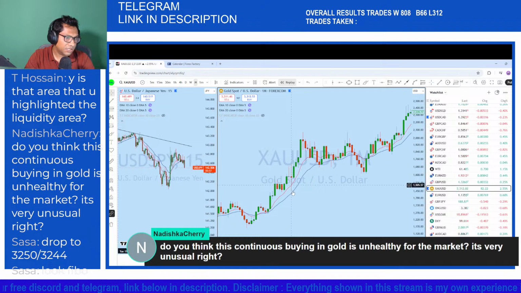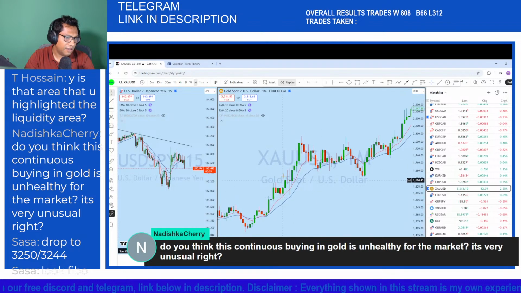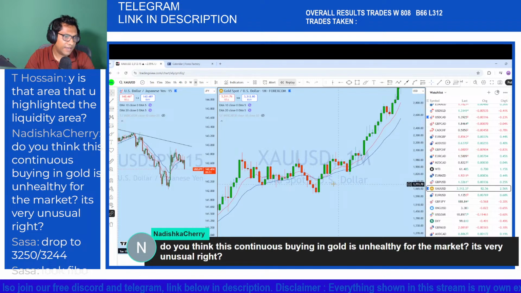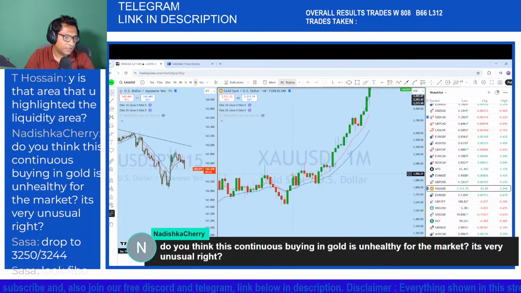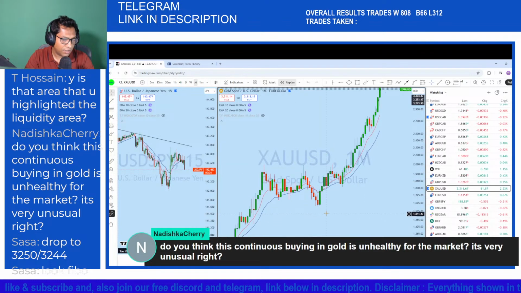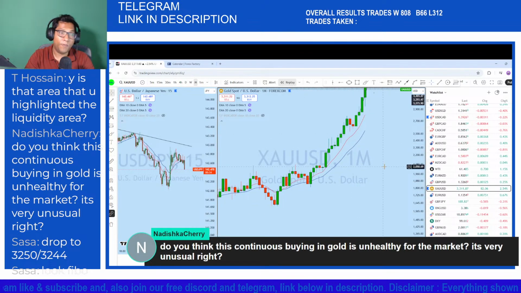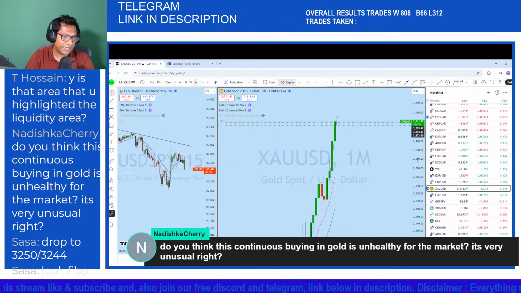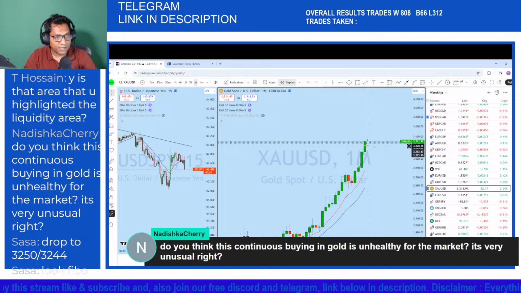You can see this bubble, and then finally it moved back to the upside. And then this one is the war candle. This one, 2022, and then the market burst that bubble to the downside, broke the structure, and again moved back to the upside.